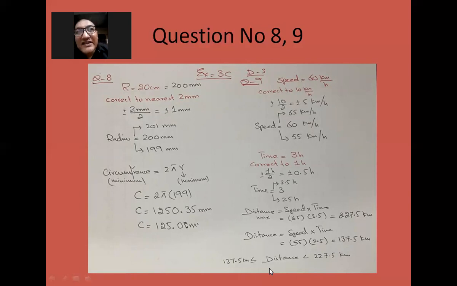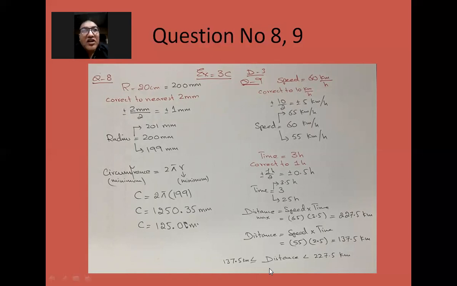And that reading is correct to the nearest 2 millimeter, so I will divide 2 millimeter by 2 and get 1 millimeter. With it, I will write the plus minus sign. To our main measurement, 200 millimeter, I will add this number and get 201 millimeter. And from 200, if you subtract 1 millimeter, you get 199 millimeter.